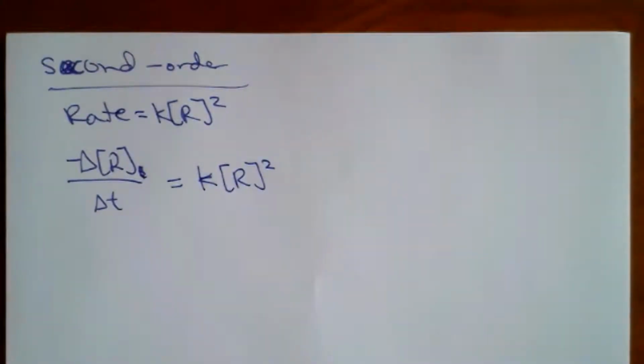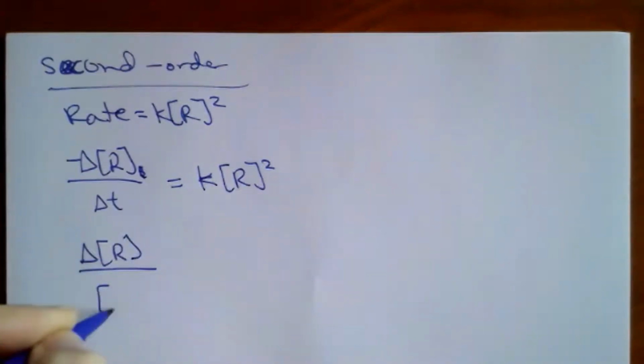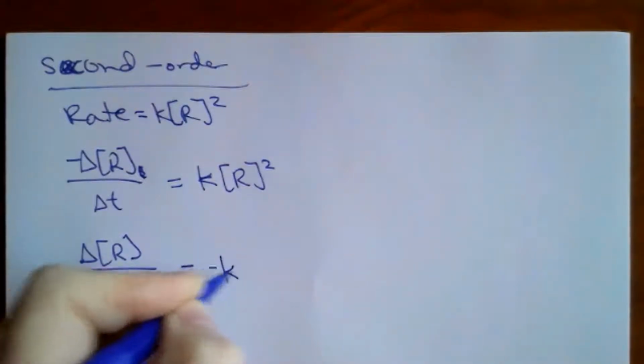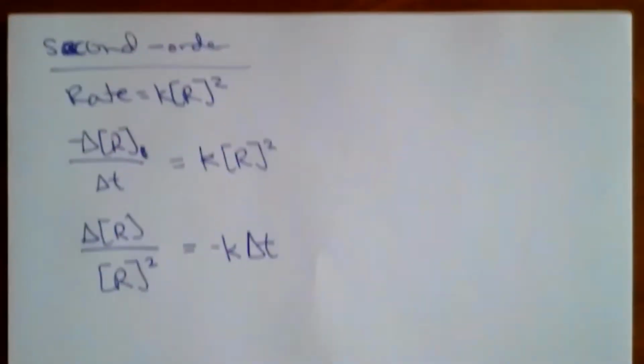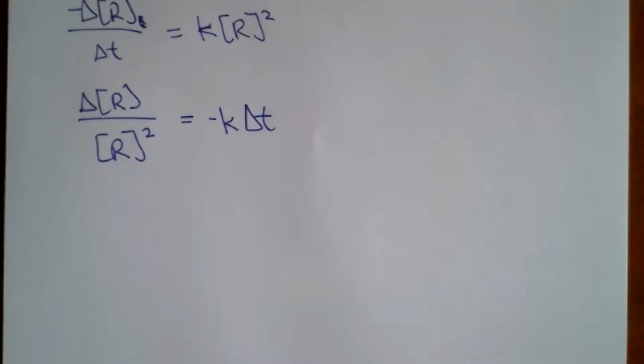Set that equal to the rest of the rate law. Combining like terms on each side, I get delta R over R squared equals negative k delta t.